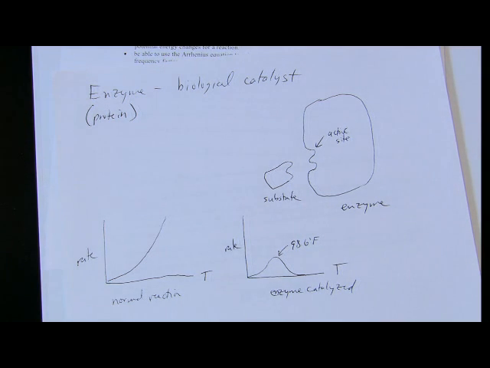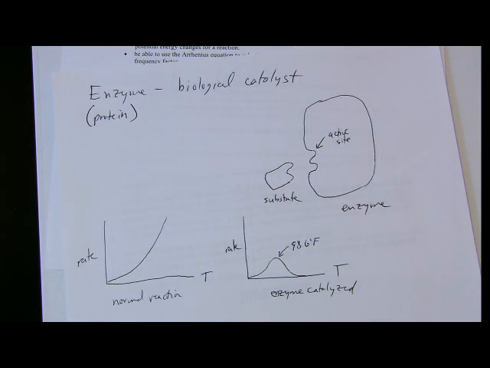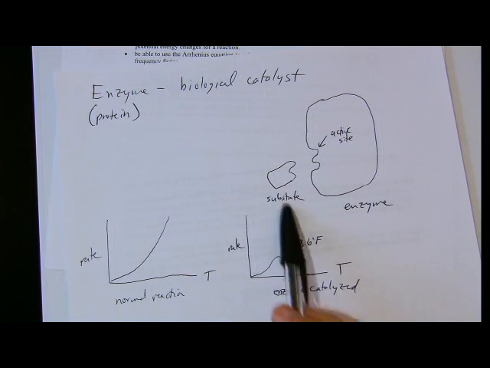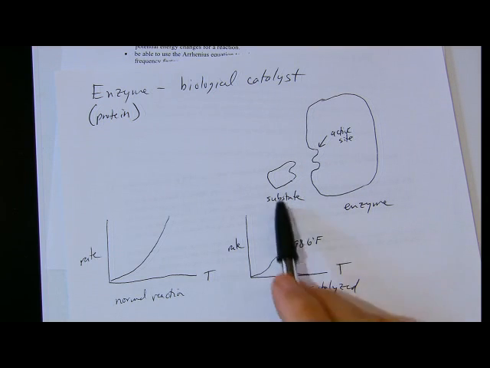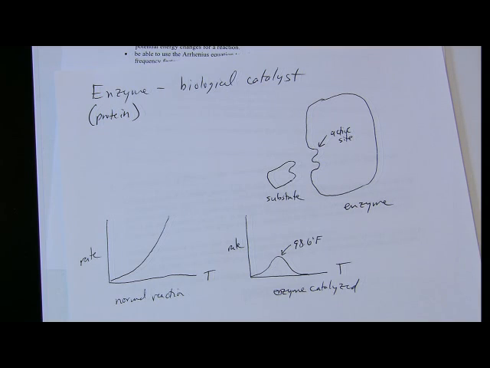These proteins are held together by hydrogen bonds, and as you increase the temperature, those hydrogen bonds start getting broken, and so it changes the shape of the protein. And what happens when the shape of the protein changes? The active site changes shape, and now the substrate no longer fits inside there.